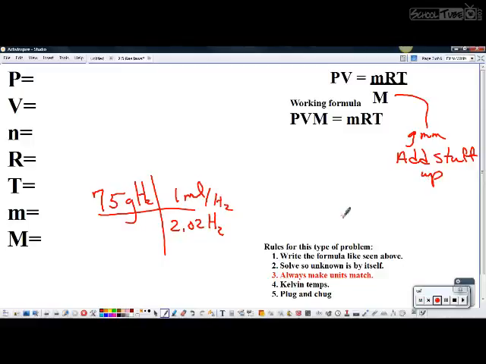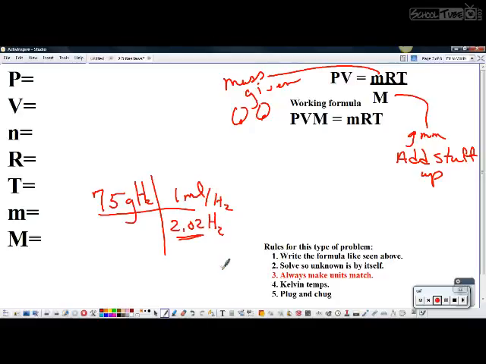And isn't that where I got this number right here? So I'm dividing by this number. And the little m stands for mass, and it's either given or it's what you're looking for.